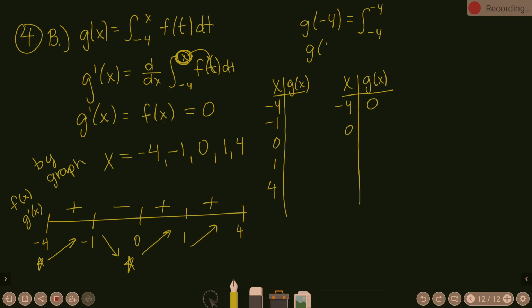And then g of 0, well, we already did this in part A, but this would be going from negative 4 to 0. What is the area under the curve from negative 4 to 0? And that was, the triangle was 9/2.